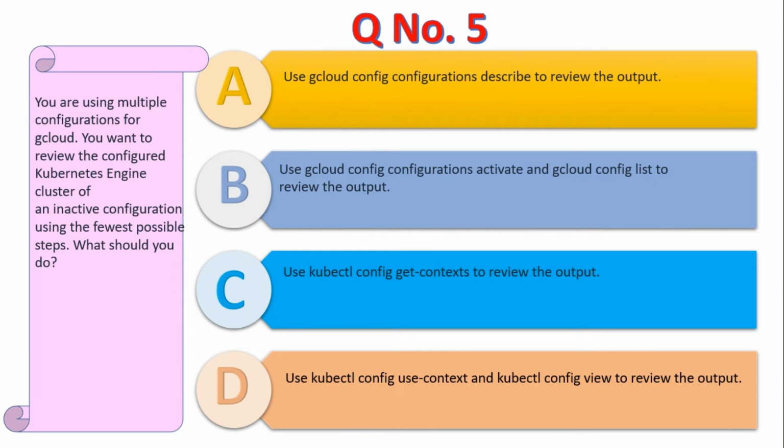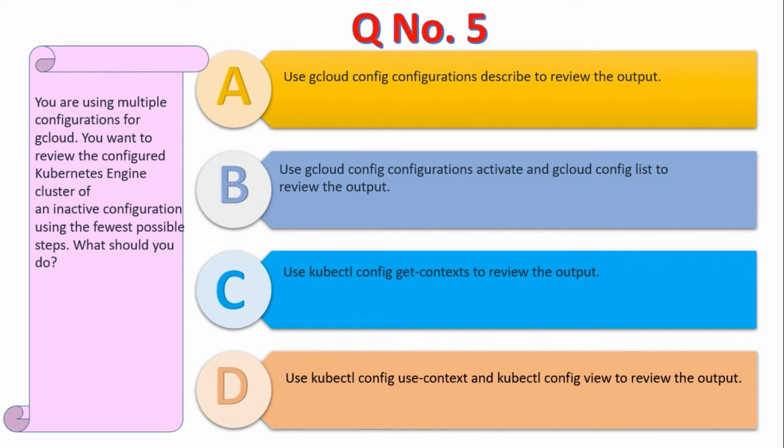Question number 5. You are using multiple configurations for gcloud. You want to review the configured Kubernetes Engine cluster of an inactive configuration using the fewest possible steps. What should you do? Option A, use gcloud configurations describe to review the output.